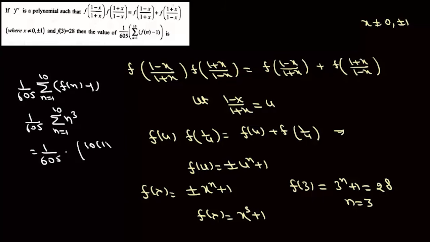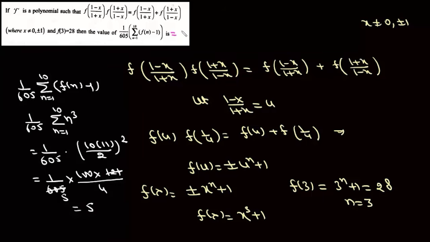So it will be (10 into 10 plus 1 by 2) whole square. Now this is 1 upon 605 into 100 into 121 by 4. Now this is 5 times 20. 100 by 20 is simply 5. So the value of this summation is 5, and that is the answer to this question.